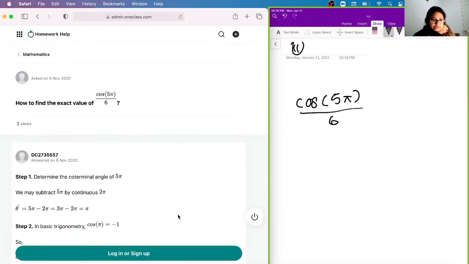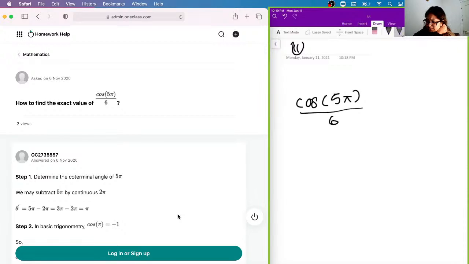Okay, so what we need to do is first determine the coterminal angle of 5 pi, and we basically subtract 2 pi continuously to get an angle between pi over 2 and 2 pi, or between pi and 2 pi.